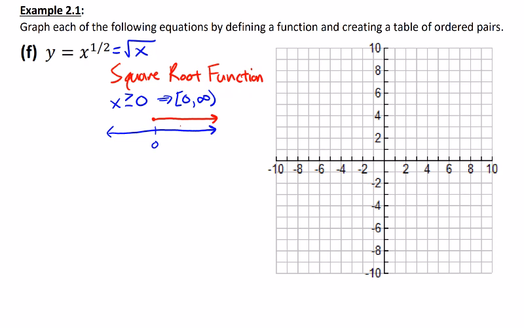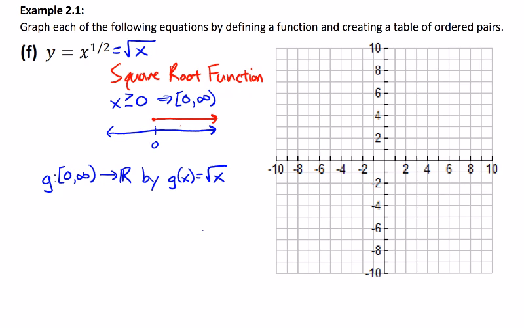We'll call this, maybe since this is part F, we'll call it something different. We'll call this G. And the domain will be 0 to infinity. And those are the real numbers that will map to the set of real numbers given by the equation g of x equals the square root of x.